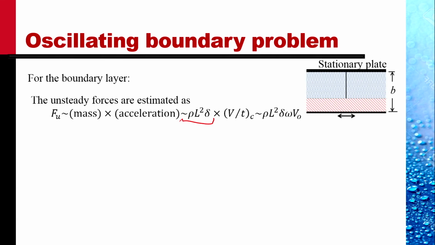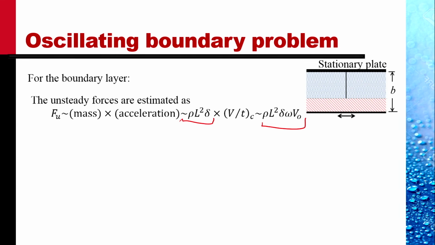So mass is rho times the volume, and the volume would be like L square delta. And the acceleration would be like v divided by t characteristic, and t characteristic is like 1 over omega and v characteristic like V naught. So that this gives you rho L square delta omega V naught.